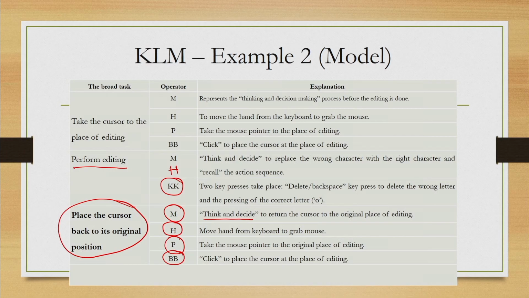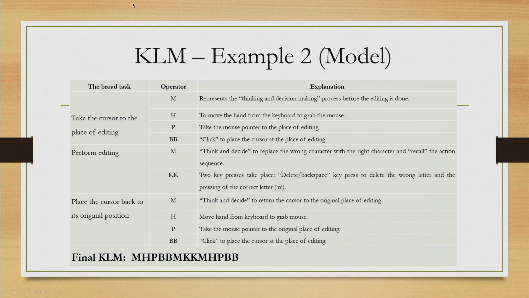So, then our entire sequence will be something like this: M, H, P, B, B, M, K, K, where after M there should be one H, then M, H, P, B, B. Now, this sequence represents the cognitive activities involved in performing the interaction task of correcting a mistyped character during text editing.